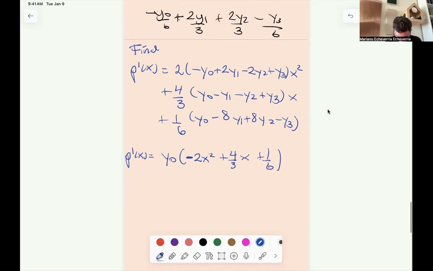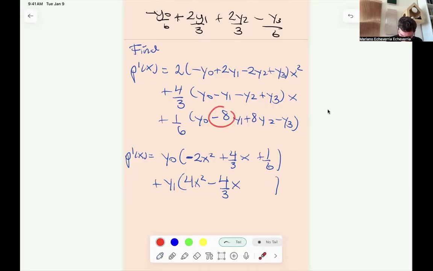Then what has y1? There's a 4 and then an x squared, so you get 4x squared, and then minus 4 thirds x, and then minus 8 over 6.